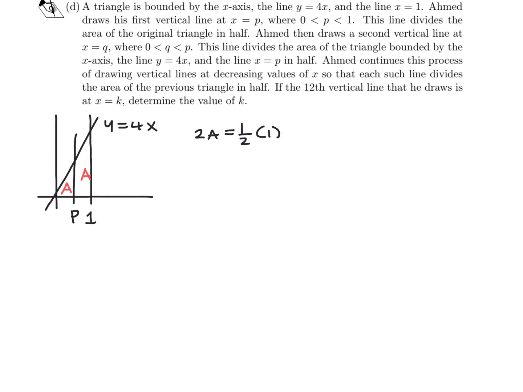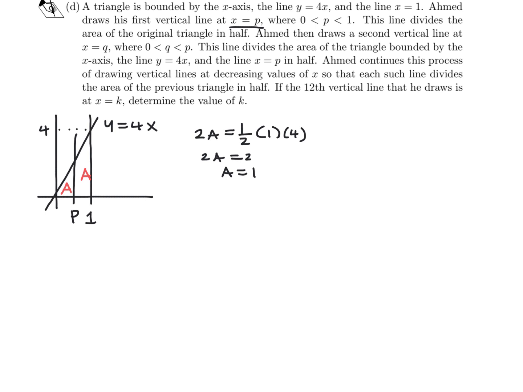The base is 1, and the height would be 4, because y is equal to 4x. So that means 2A is equal to 2, therefore A is equal to 1. I'm not sure if that helps, but I wanted to do that. Okay, we took care of p.